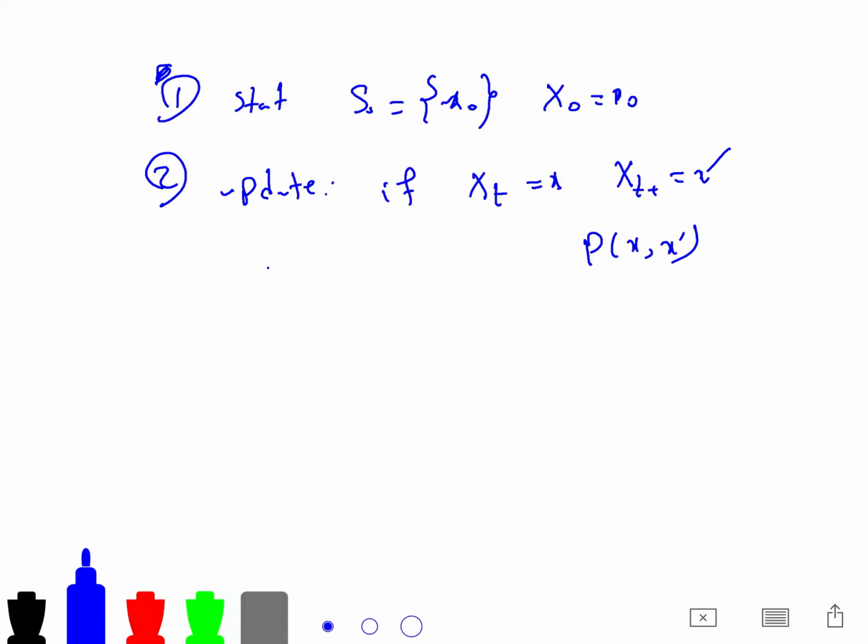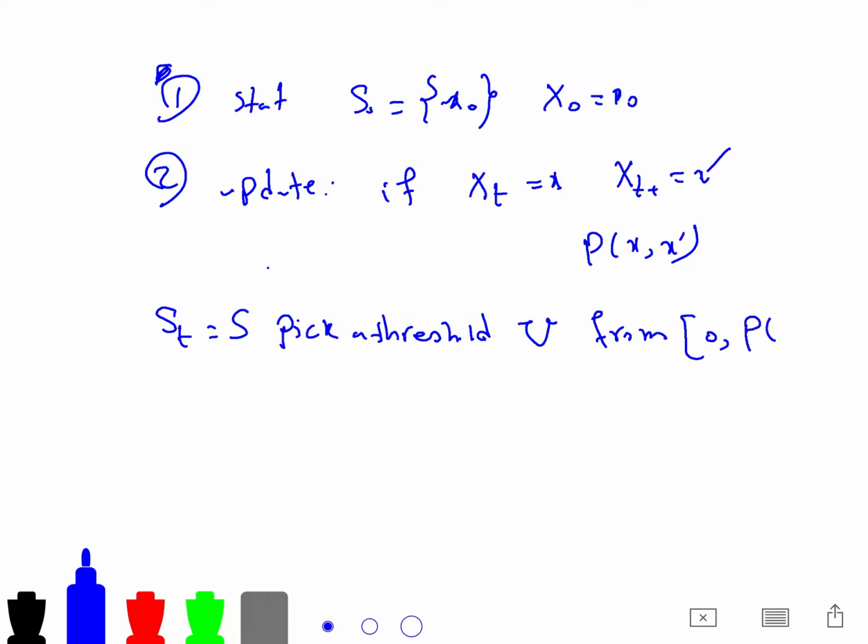And then we update the set, so if S_t is S, okay? We pick a threshold U, but instead of picking from 0 and 1 as we did in the previous algorithm, we just sample it from 0 and P of x prime and S. So this is one variation of that.